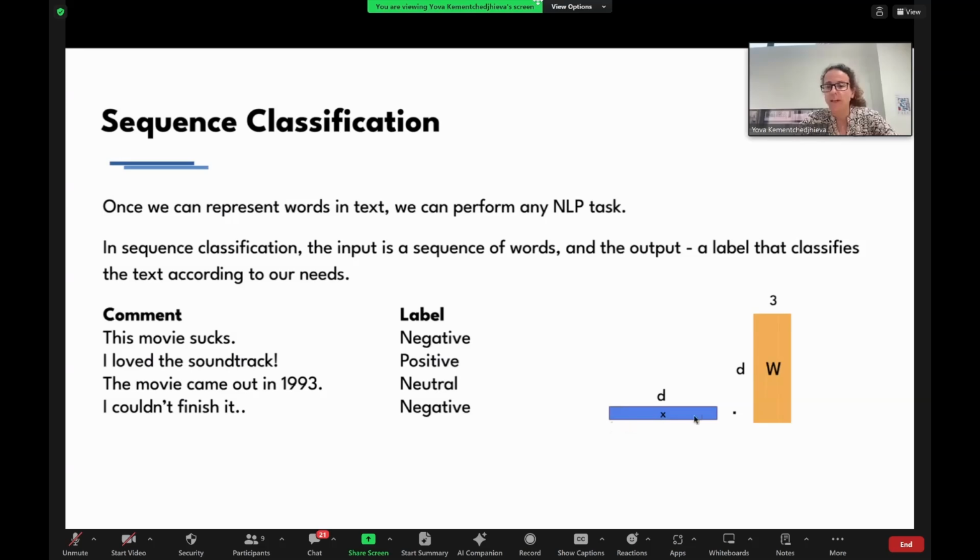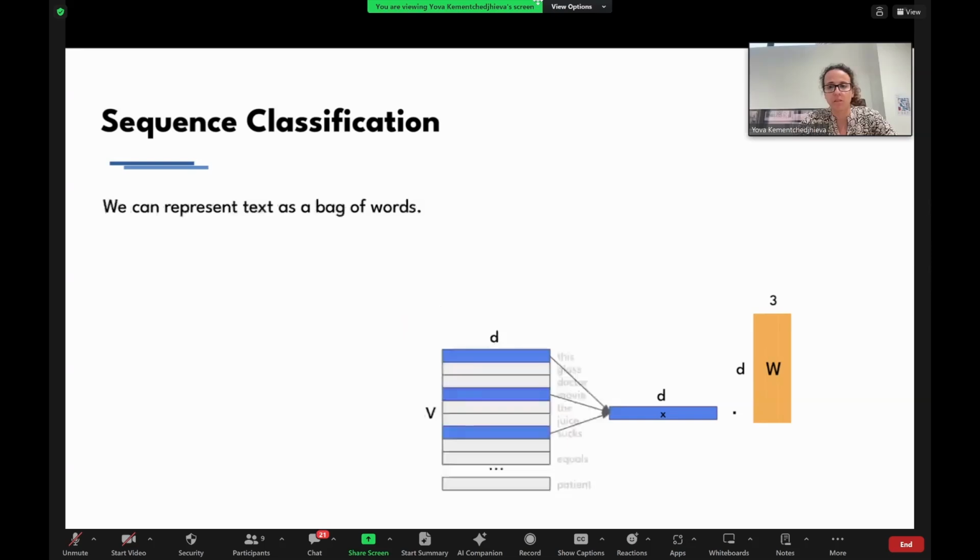And by taking the dot product of these 2 objects, we'll again obtain a vector of dimensionality 3, where each of the 3 cells represents the probability of class negative, positive, or neutral. That's just the classic linear classifier.